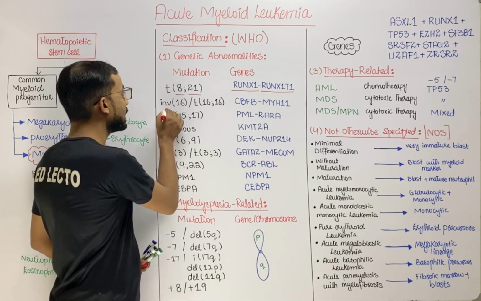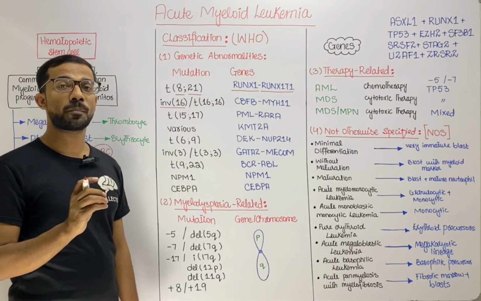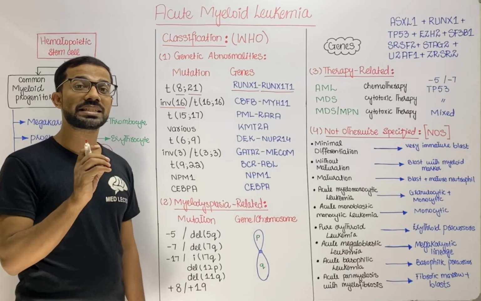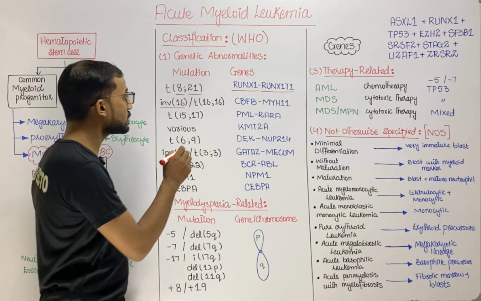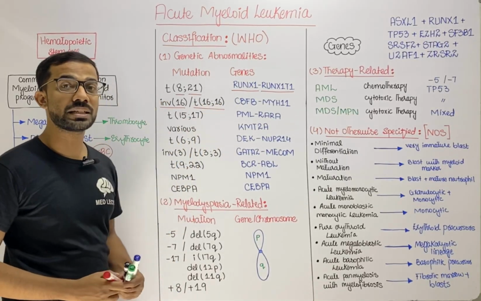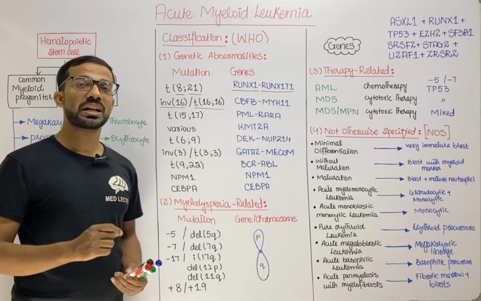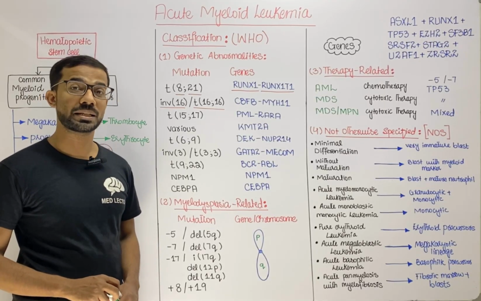Next case is the inversion 16. It means that we have chromosome number 16 and a segment is inverted in it. That is the first case. And you can also see t(16;16). It means that translocation happens within chromosome number 16. That is the important thing.